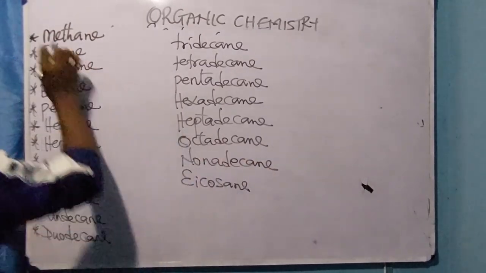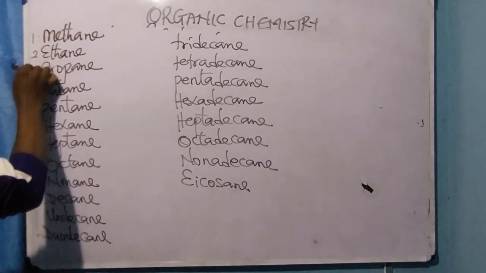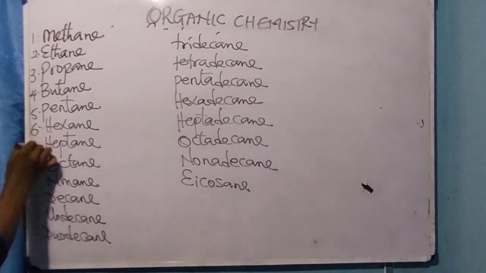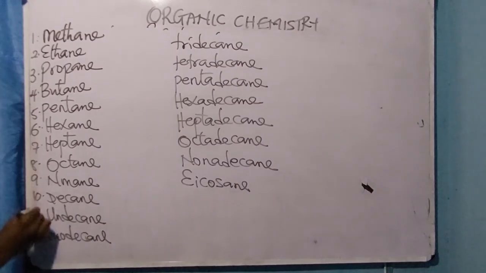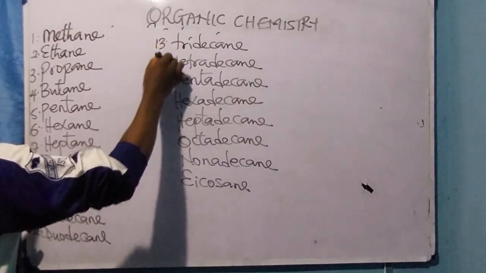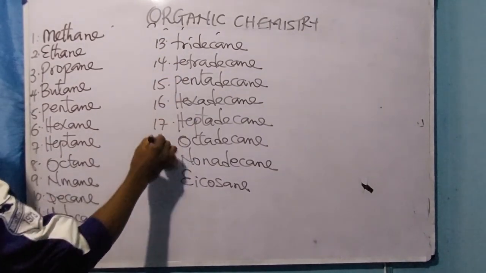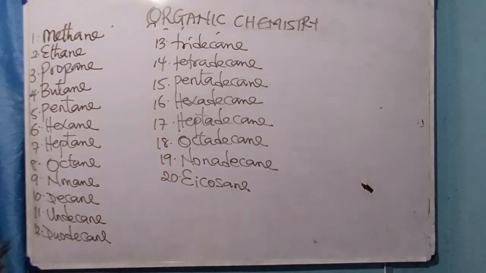Alright, so let me number it as 1, 2, 3, 4, 5, 6, 7, 8, 9, 10, 11, 12, 13, 14, 15, 16, 17, 18, 19, 20. So please, these are the alkane series.